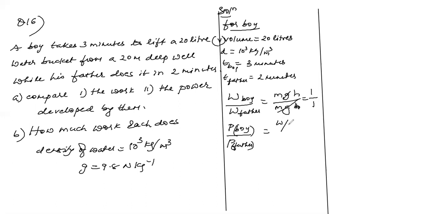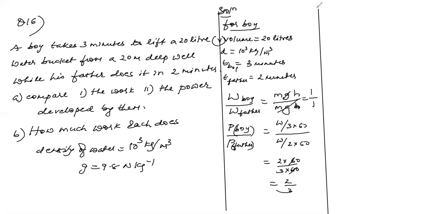It takes 3 minutes, 3 into 60. And for the father, it just takes 2 into 60. So work will get cancelled. Ultimately, it will be 2 into 60 upon 3 into 60. So it will become 2:3. I hope I've done it in short, children.